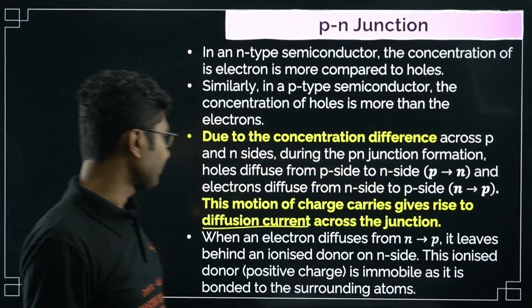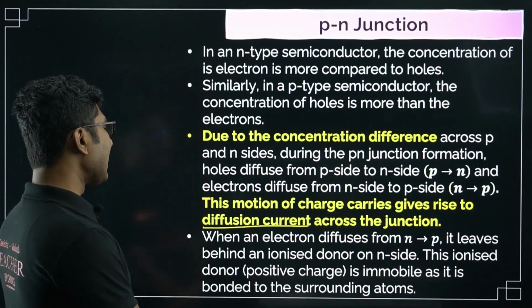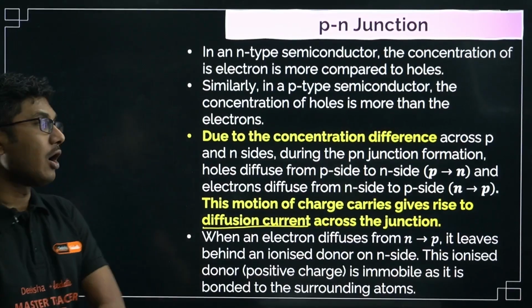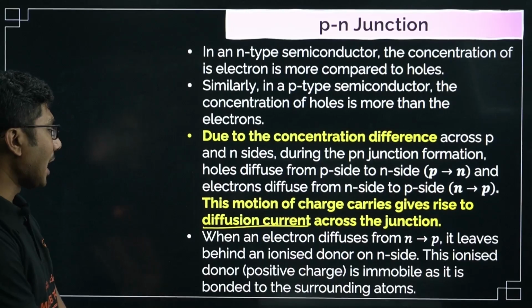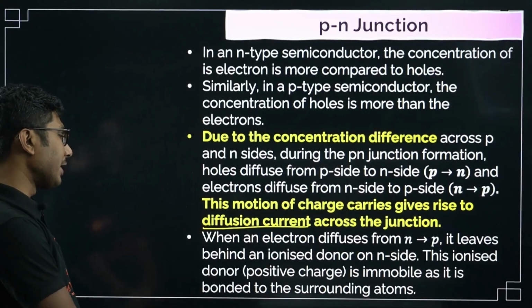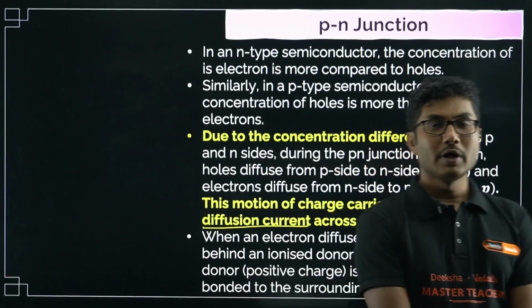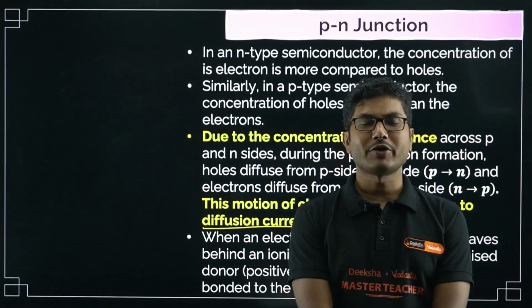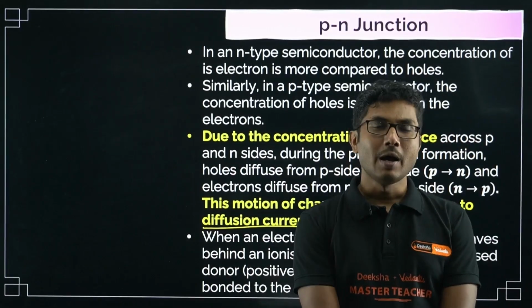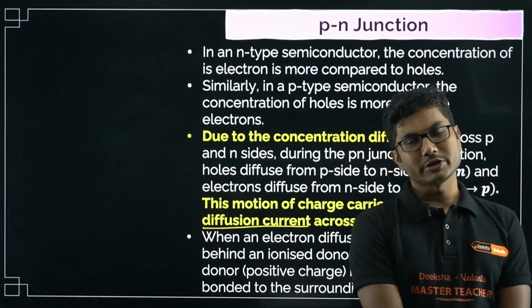When an electron diffuses from N to P, it leaves behind an ionized donor on the N side. This ionized donor's positive charge is immobile as it is bonded with the surrounding atoms. Suppose we have doped phosphorus. That phosphorus gives that extra electron, and in doing so it becomes positively charged.